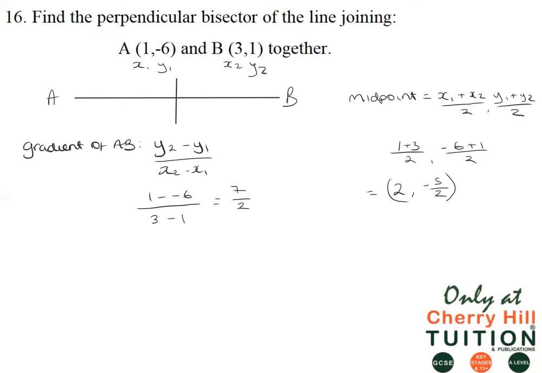Okay, so this is M1. M2, which is the gradient of the perpendicular bisector, we flip the fraction and we change the sign. And remember, M1 multiplied by M2 should be equal to minus 1, so we need to check this. 7 over 2 multiplied by minus 2 over 7 does give us minus 1. So we've worked out the gradient, it's minus 2 over 7.